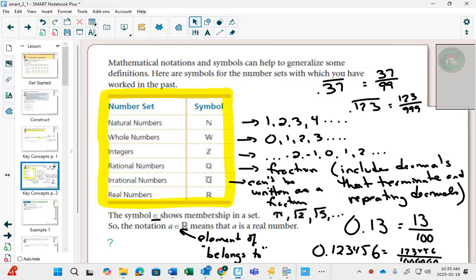It's like, yes, I belong to the Real Numbers Club. And so then A is a real number. The number 2 has a lot of membership. It belongs to the natural numbers, the whole numbers, the integers, and the rational numbers. It does not belong to the irrational numbers club. It wants nothing to do with it. But then it's part of all the real numbers as well.